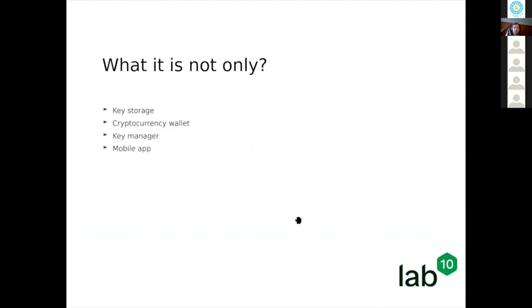So starting with that, what the digital wallet or personal digital assistant is not only for: you are probably familiar with the different concepts of wallets coming from the cryptocurrency space and blockchain, where you have a crypto wallet, a key storage or key manager that basically keeps some private keys, public-private keys, related with the wallet, related with some identity.